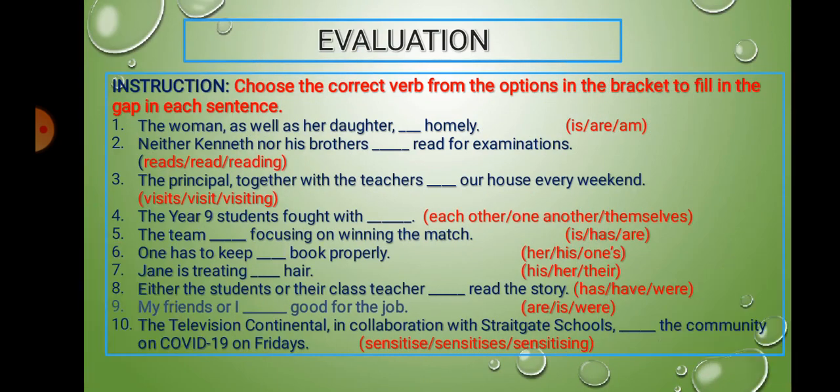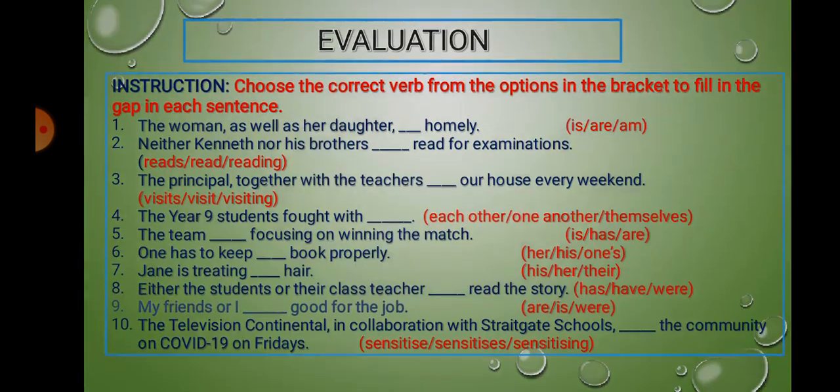The instruction says choose the correct verb from the options in the brackets to fill in the gap in each sentence. So here are 10 questions. Make sure you select appropriately and meticulously so that you can get everything and master the rules of concord.